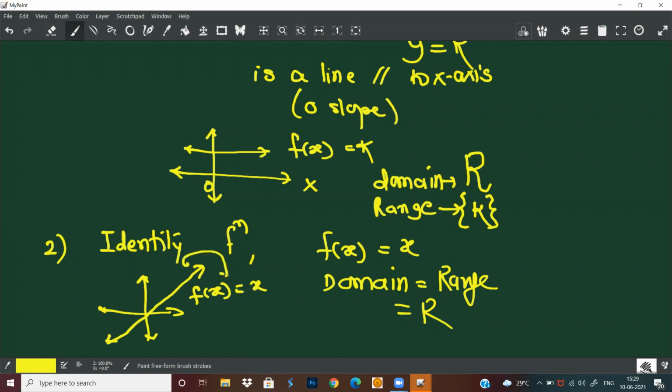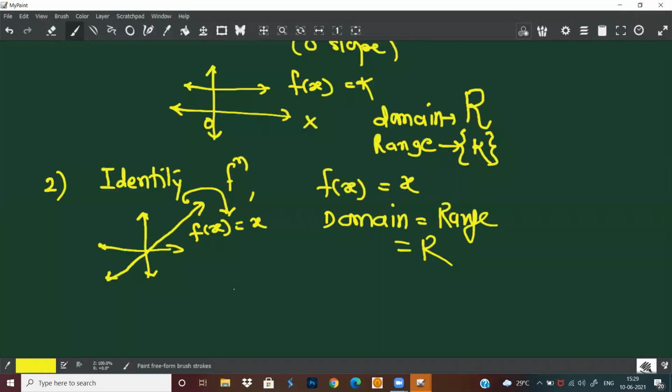Understood? Obviously, the slope of this line is going to be 1, inclination will be 45 degrees. Identity function, मतलब इसका pre-image and image are always same.